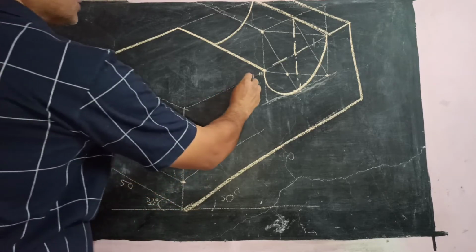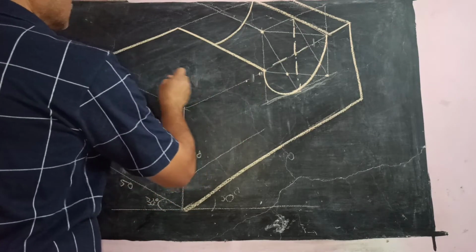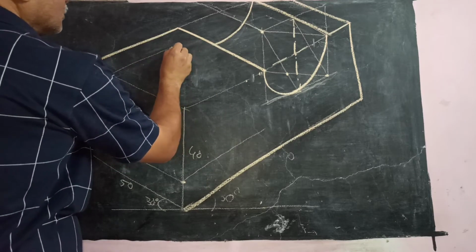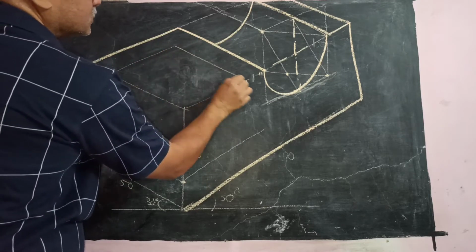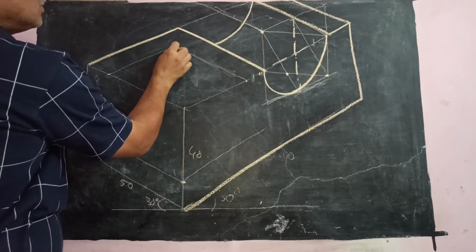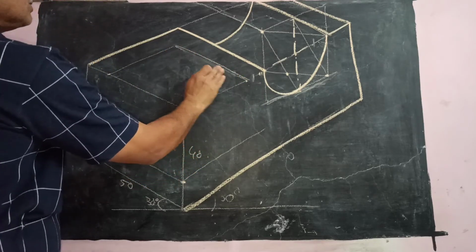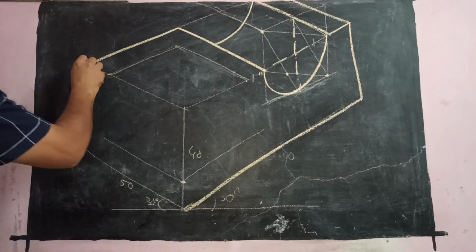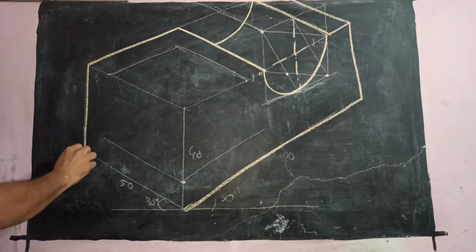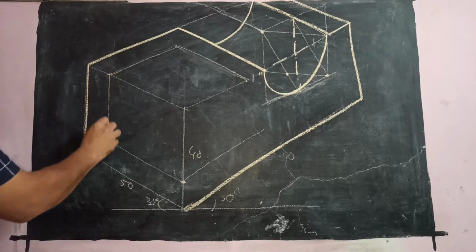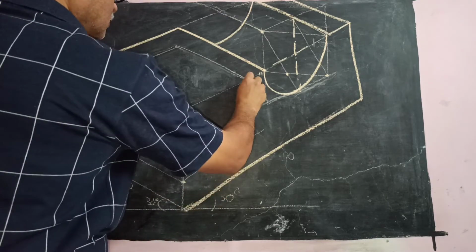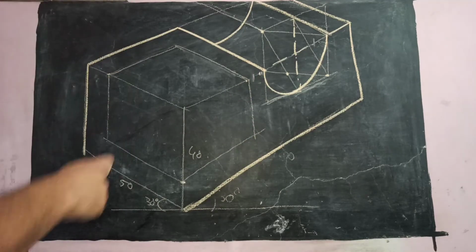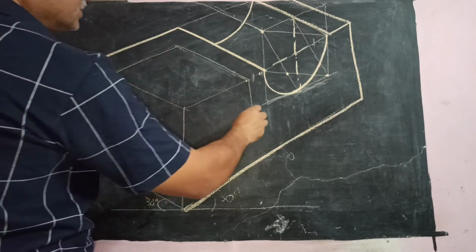Then this is also 10. This is also 10. So you can draw this parallel to each other. Make it dark. So this is the shape of this.